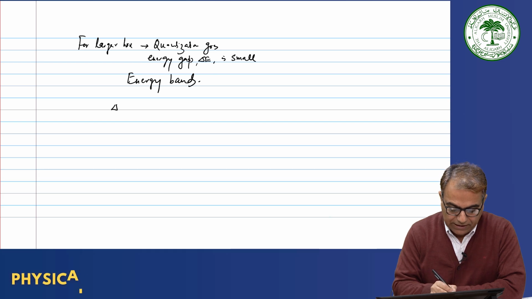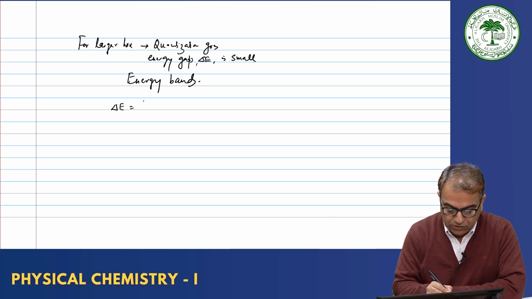So, if you write delta E is equal to h square divided by 8 m a square times nf square minus ni square, then you can write this delta E to be equal to h nu.